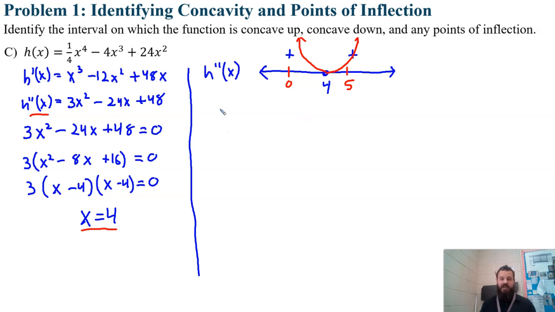So as far as concavity goes, we'll say it is concave up on all real numbers. So concave up from negative infinity to infinity. Okay, never concave down. And then since it's never flipping concavity, there's no inflection point.